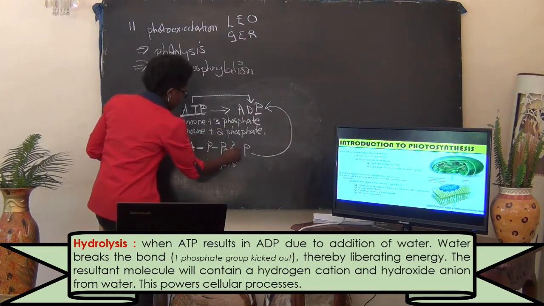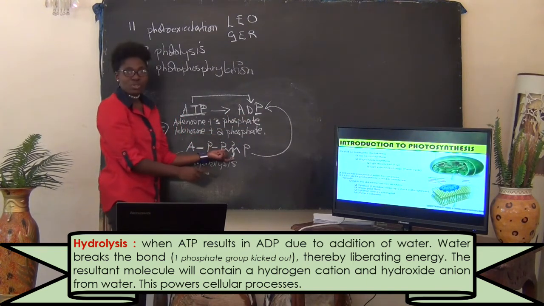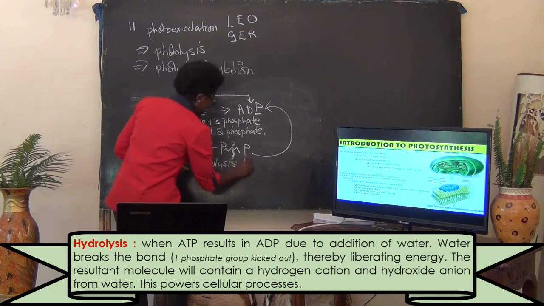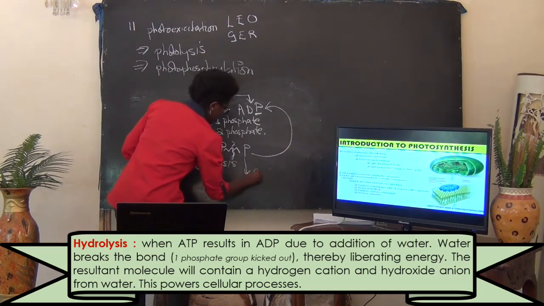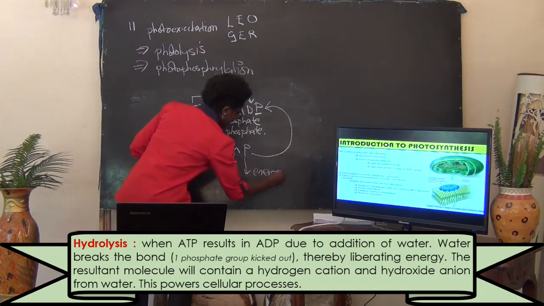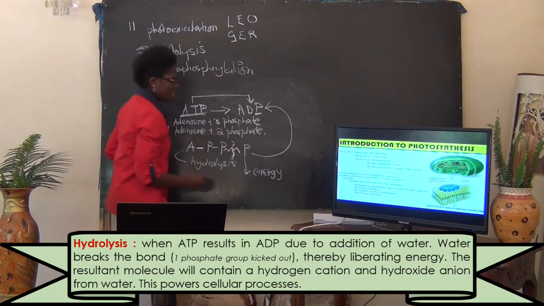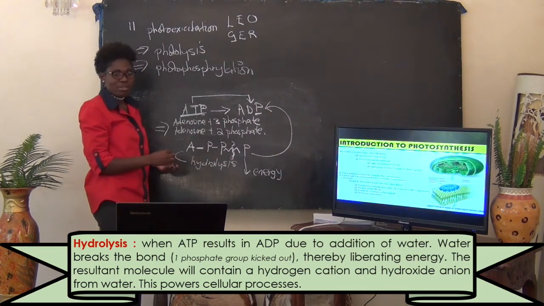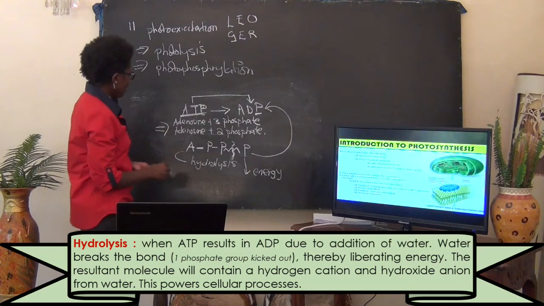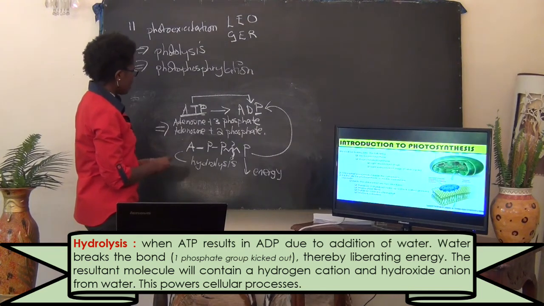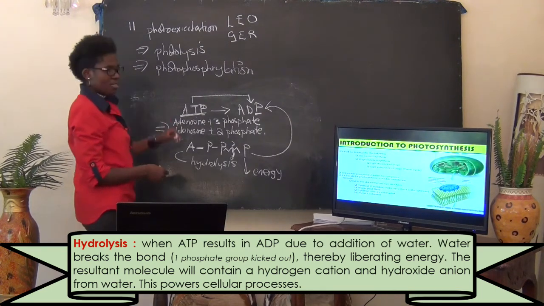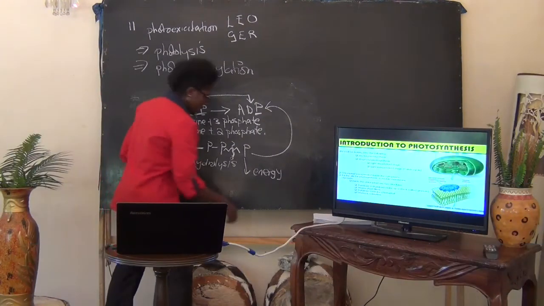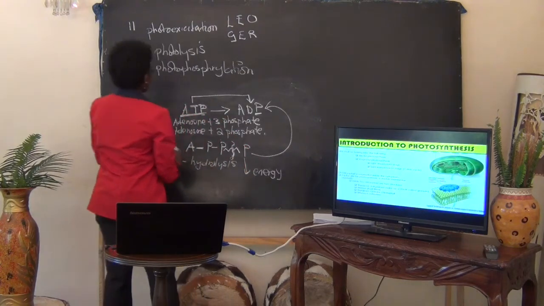The breaking of the bond by hydrolysis liberates energy, and that is how cells get energy that they need for cellular processes. So basically, this is it as far as explanation of the interesting molecules that we are going to be encountering during the course of the presentation.